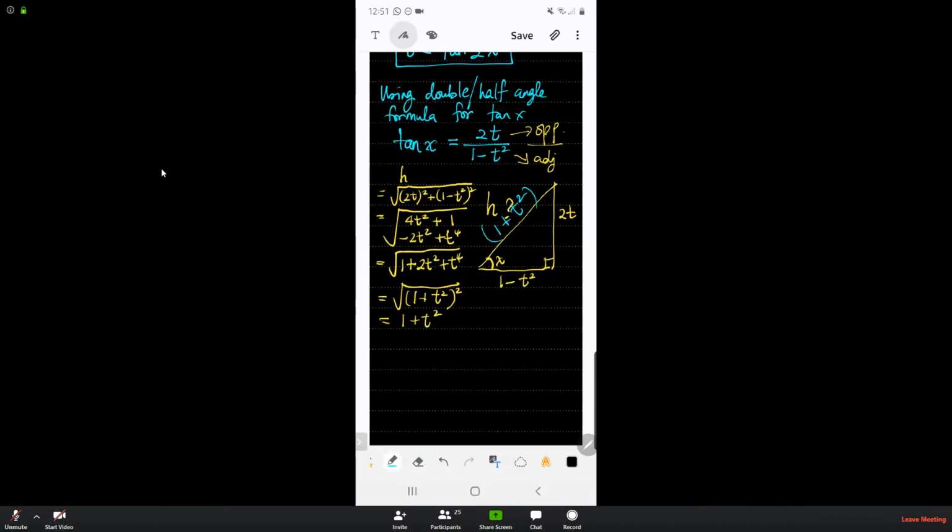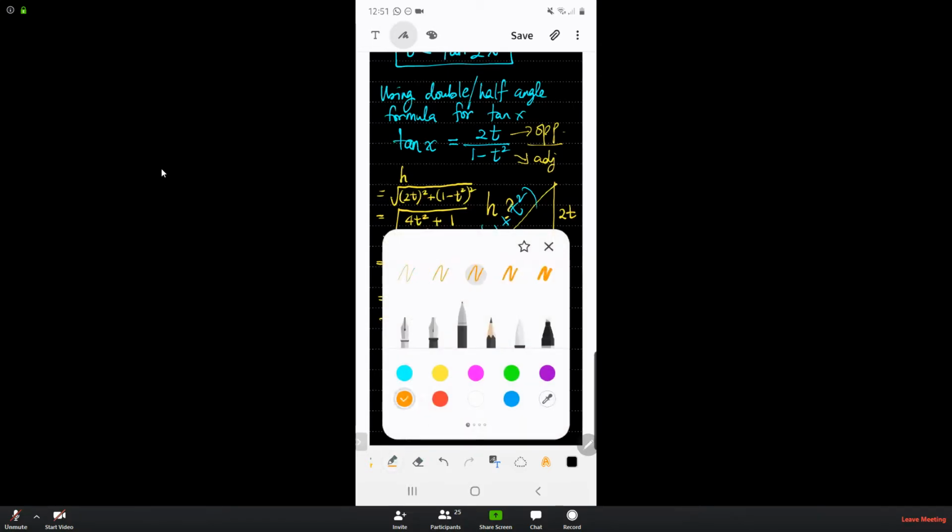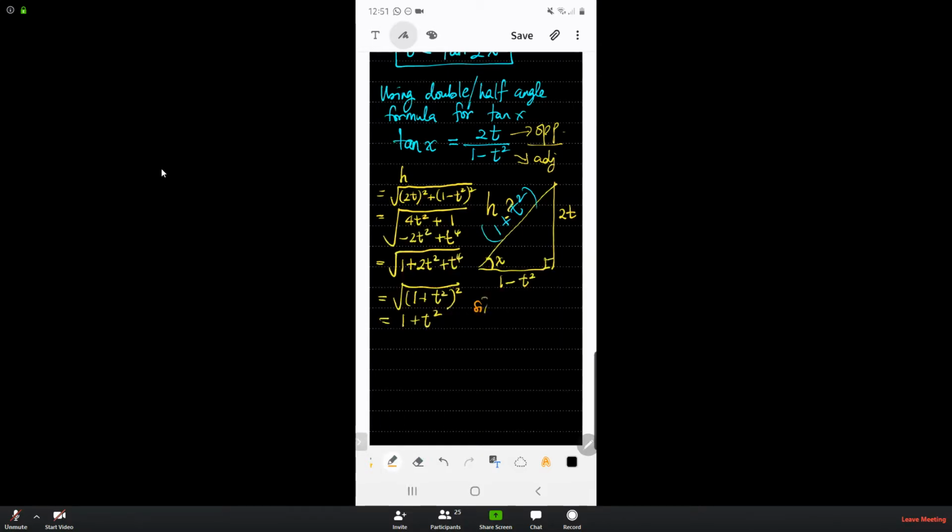So once you have this one, you can now write down sine x and cosine x in terms of t. So sine x is 2t divided by 1 plus t squared. And then cos x is given by 1 minus t squared divided by the hypotenuse, which is 1 plus t squared.